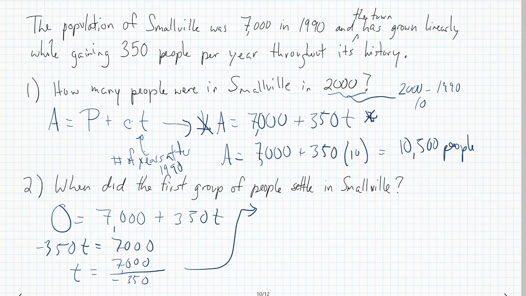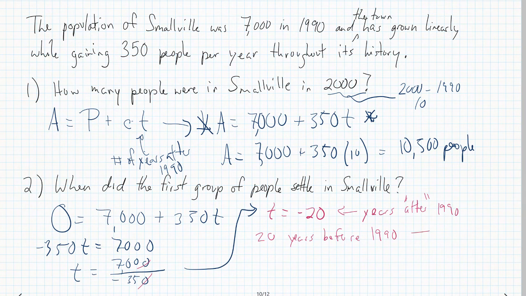So notice you can cross off the 0. 35 goes into 70 twice, so this is going to be t equals negative 20. So that means this is years, in quotes, after 1990. So that means if it's negative, it's 20 years before 1990.